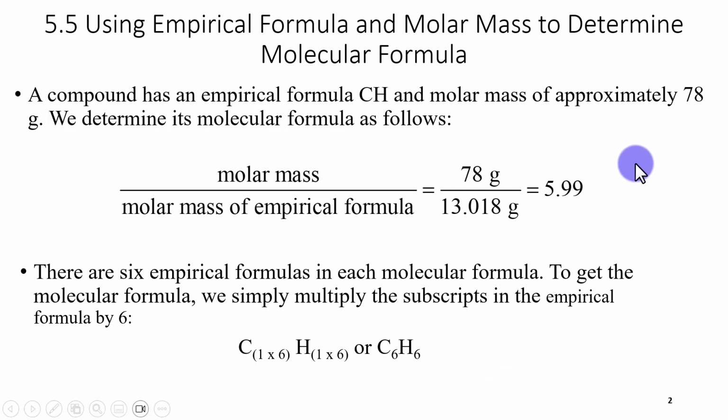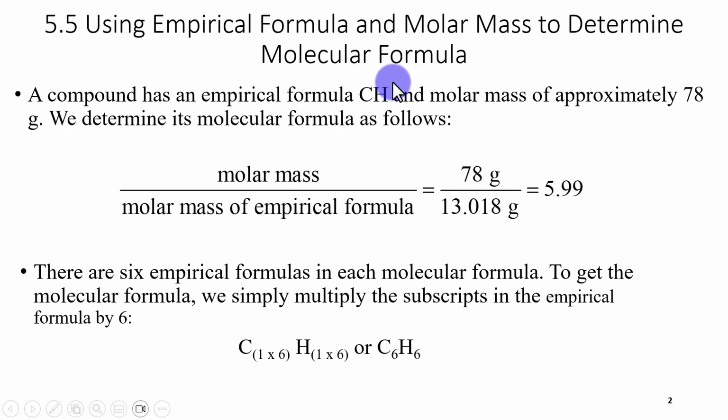So what is the molecular formula of a compound that has an empirical formula of CH and a molar mass of approximately 78 grams per mole? Now, if I figure out the molar mass of just this empirical formula, it's not going to be anywhere near 78 grams.